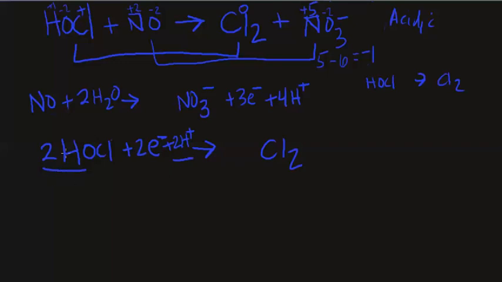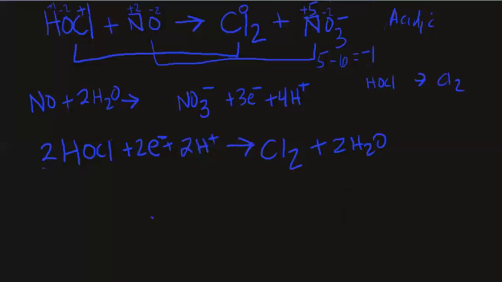We have 2 hydrogens here, so we have a total of 4 hydrogens on our reactant side, so we need 2 waters on our product side. And that gives us 4 hydrogens, and we have 4 hydrogens on this side, and then we need to check oxygen. So we have 2 oxygens on this side, 2 times 1, we have 2 oxygens on this side. So now this half equation is balanced.